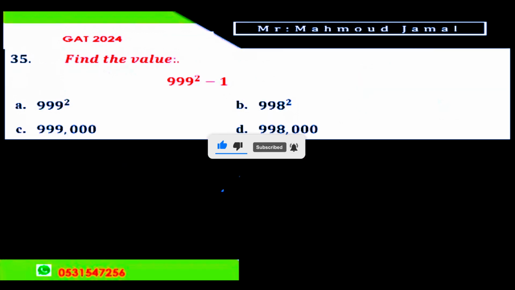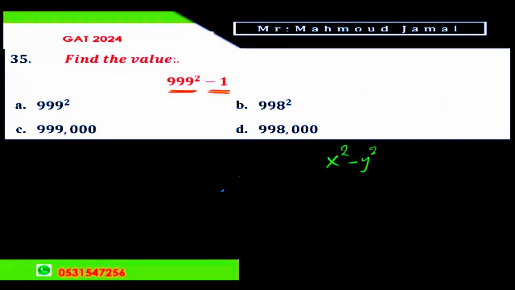Find the value of 999 to the power of 2 minus 1. It's a very easy question. This is a difference between two squares. We start with x power 2 minus y power 2. We can write it as two factors: x minus y, x plus y. It is like this one. It is 999 power 2 minus 1.